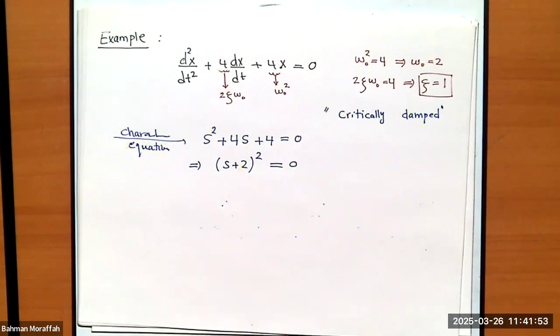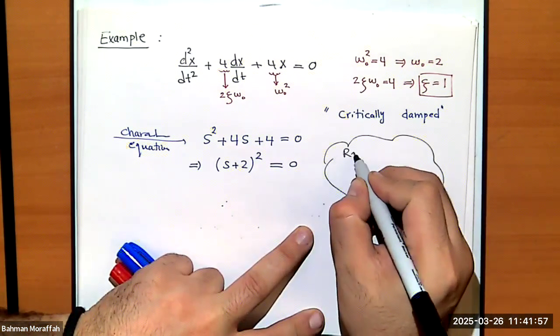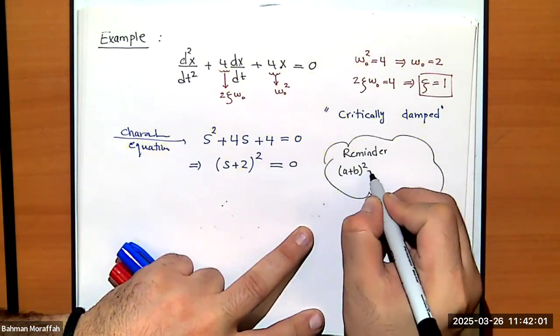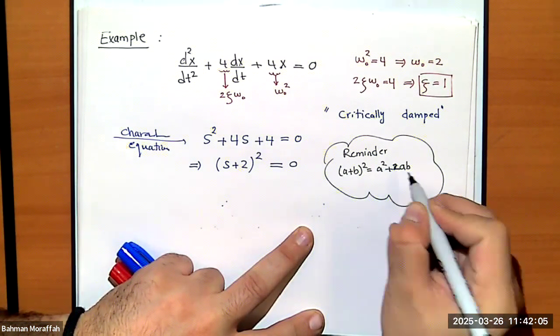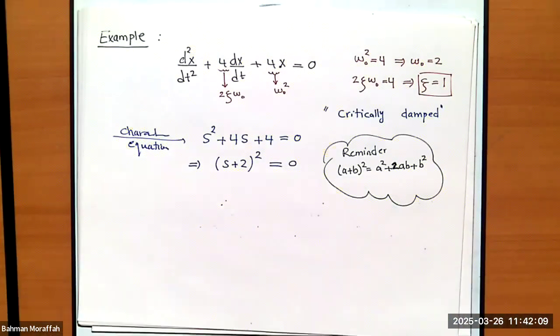Remember that identity? Let me quickly give you a reminder. a plus b squared is a squared plus 2 times ab plus b squared.